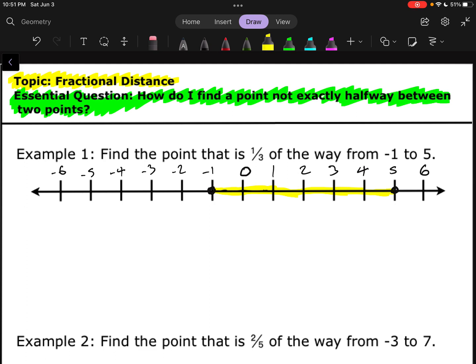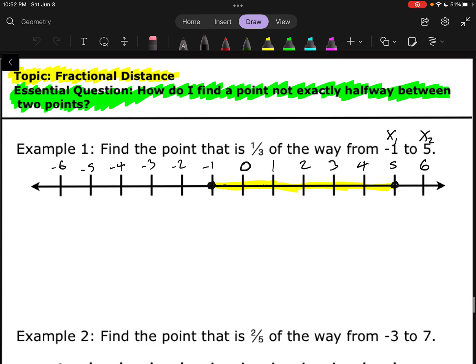So -1 is, for lack of a better term, my x1 and this is my x2. So we're going to start off by doing 5 minus -1. We're going to do x2 minus x1.